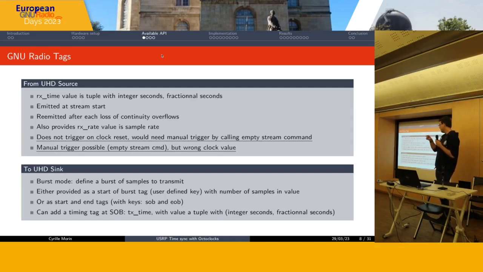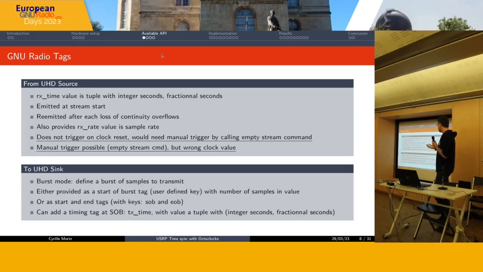You can accompany this first tag at the beginning of the burst with a TX time that contains the time that you want these packets to start transmitting. So you can say, okay, transmit that in 2 seconds. And it's going to transmit that according to the clock that's inside of the USRP.